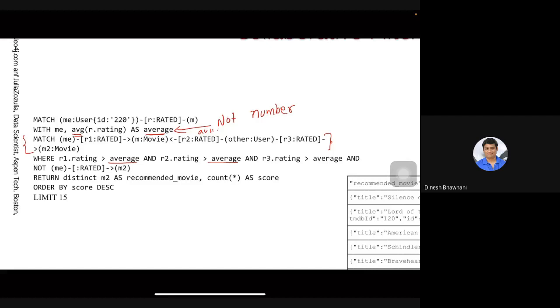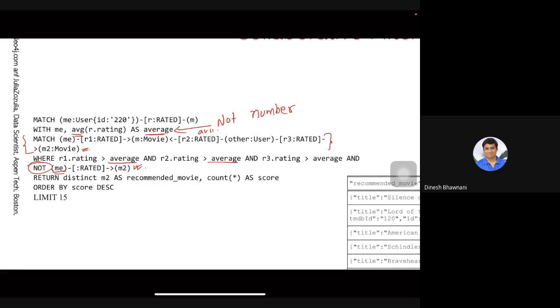And not me, not your starting point user. How is he related? Rated, colon rated, with what is related? M2. Your movie set.